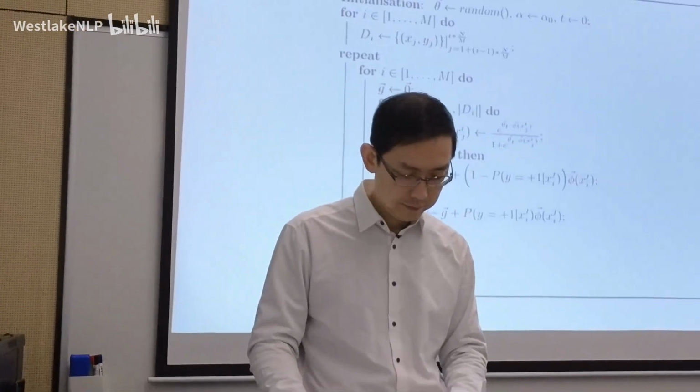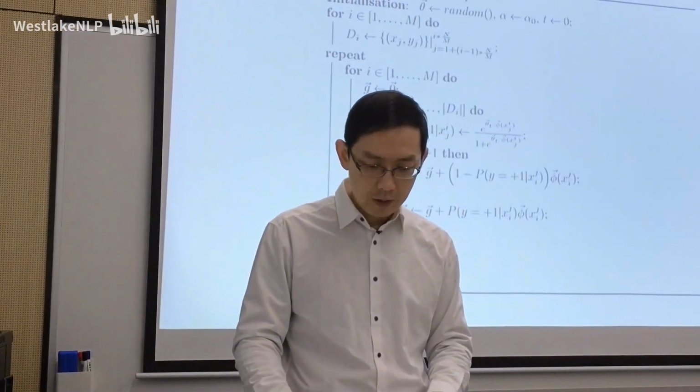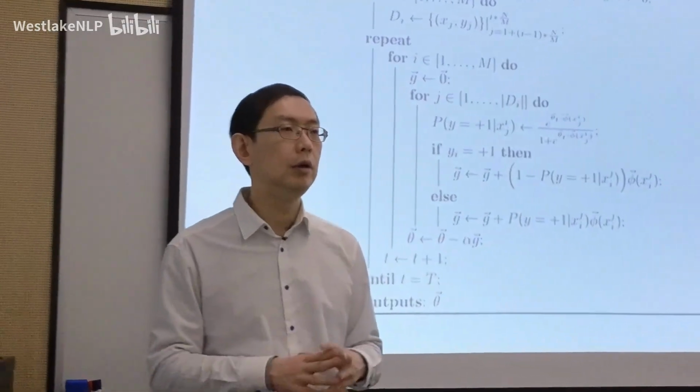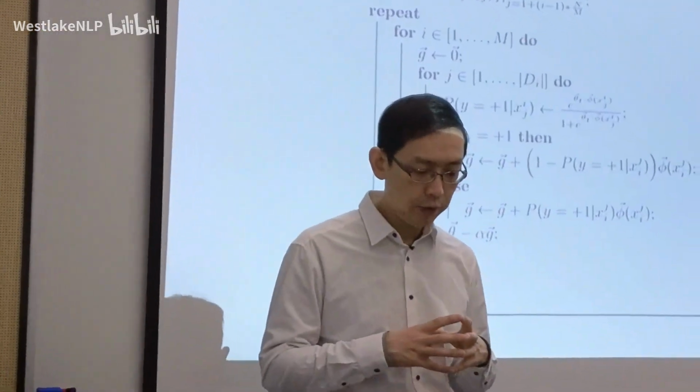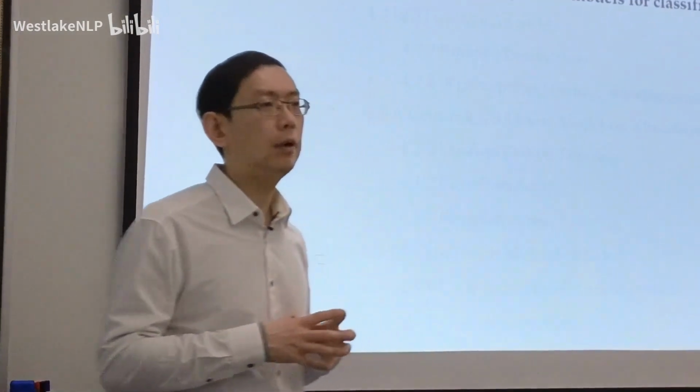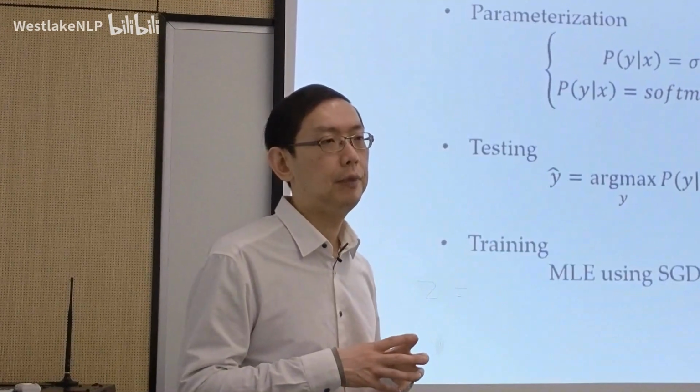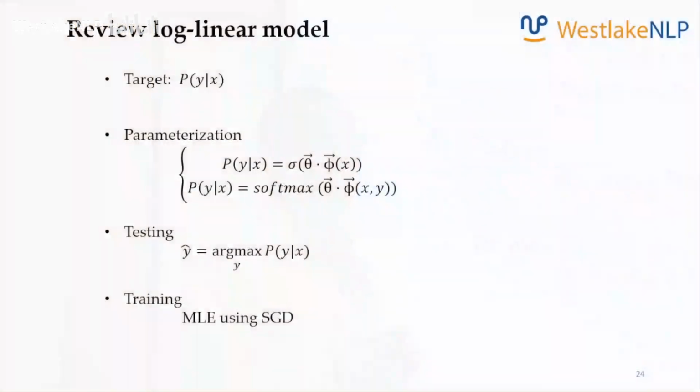Now we've completely defined our log linear model. Let's recap. The modeling target is the conditional probability of the output class given the input, p(y|x). The parameterization is similar to last week.